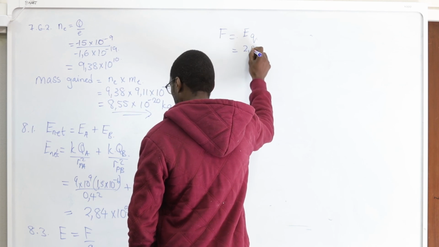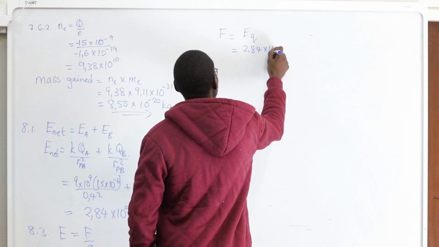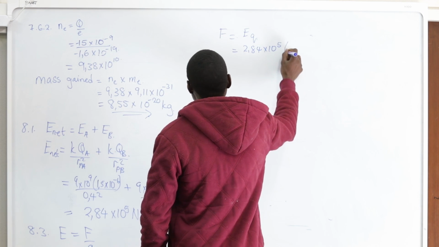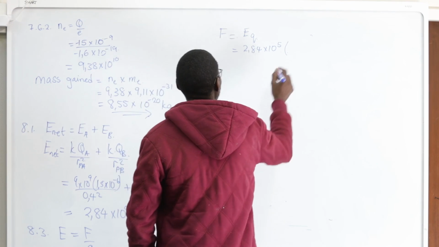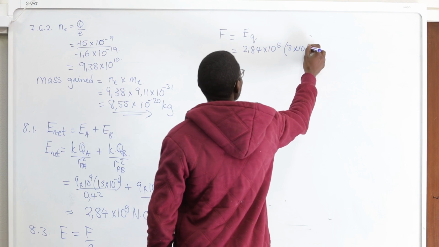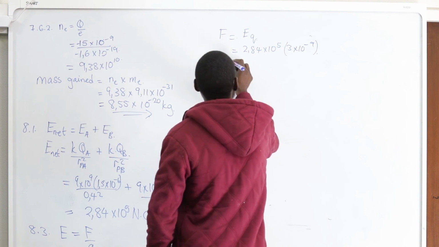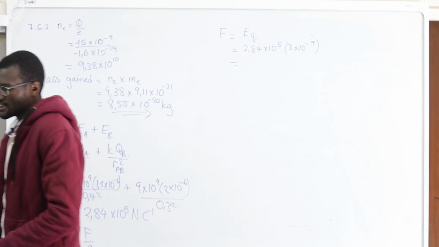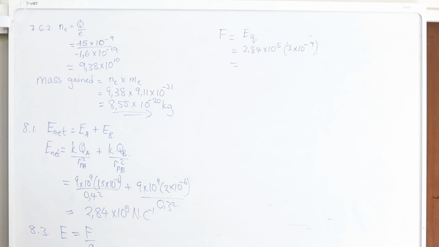Yes, 2,84 times 10 to the power of 5. And the Q that has been introduced is 3 times 10 to the power of negative 9. Do the quick calculation and get to the answer.